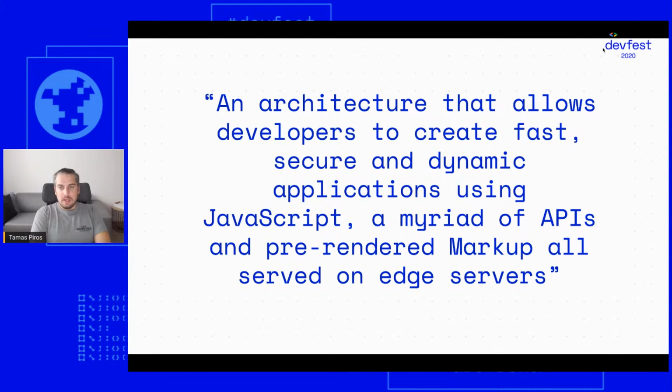First of all, a Jamstack is an architecture. It is an architecture that allows us to create something that is fast, secure, and dynamic. So all our applications should adhere to those: they should be fast, secure, and dynamic. Then we can use JavaScript, we can use APIs, and we can use something that is called pre-rendered markup.